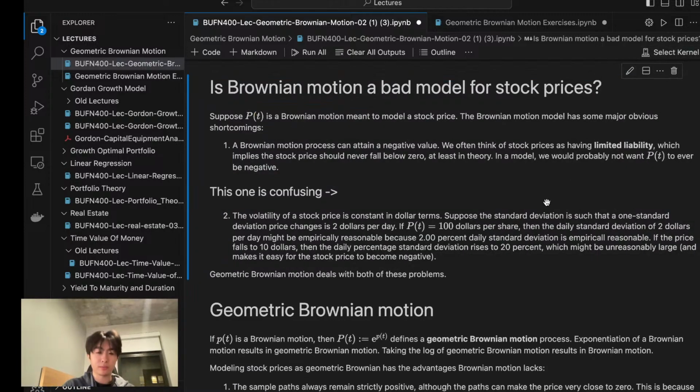So volatility of stock price is usually the standard deviation of returns. Price is constant in dollar terms. Suppose that a one standard deviation price change is $2 per day. P of t dollars might be okay.